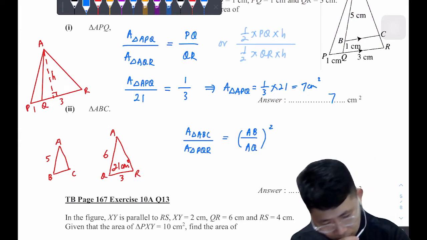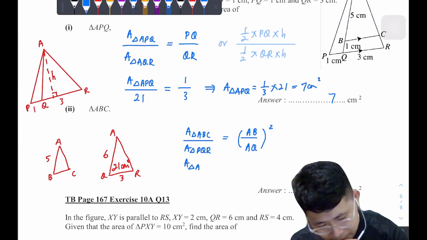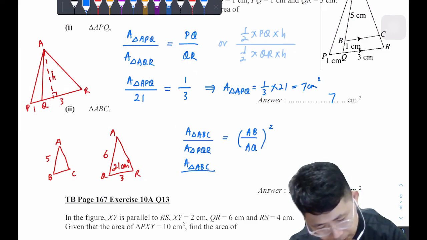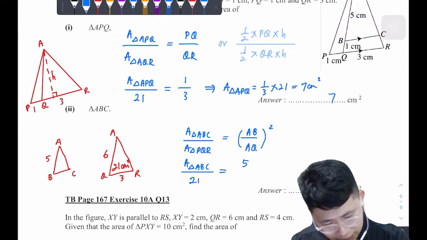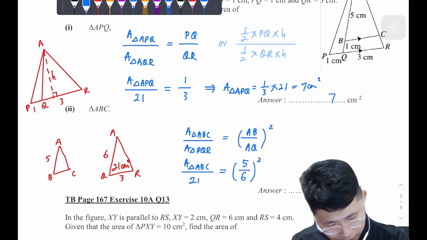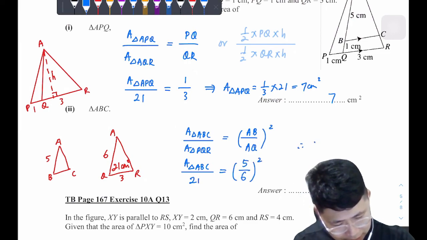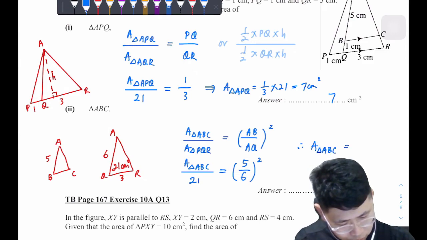So what we have is area of ABC over area of AQR, which is 21, AB is 5, AQ is 6, and then square. Last but not least, the area of triangle ABC is equal to 5 over 6 squared times 21.